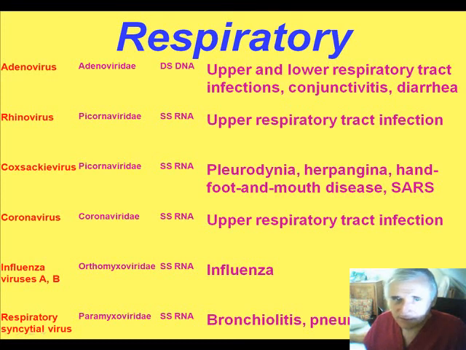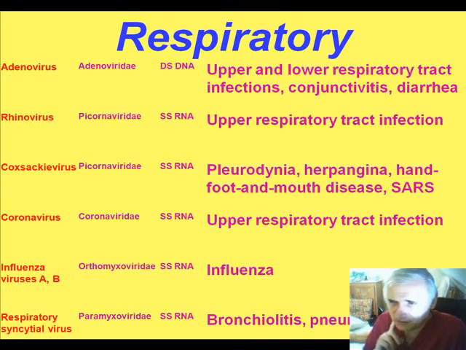For example, adenoviruses, you should think of as being associated with respiratory tract infections, both upper as well as lower, which is lung. Conjunctivitis, diarrhea. Rhinoviruses, probably the single most likely virus to cause the common cold. Coxsackie viruses are involved in a whole bunch of situations.